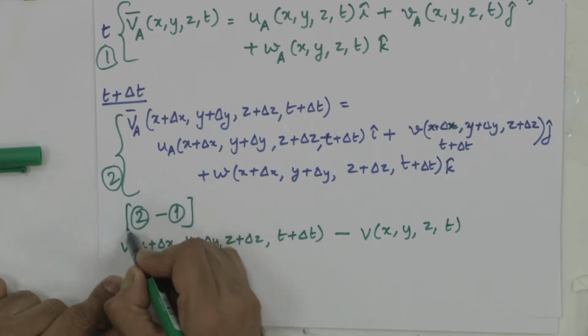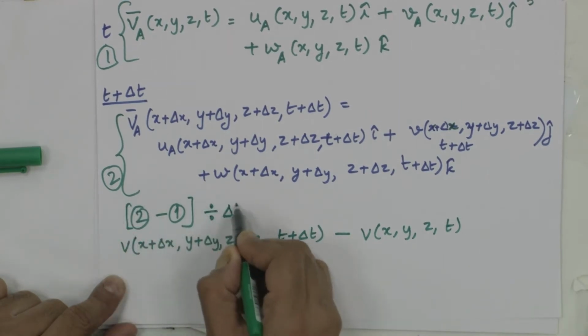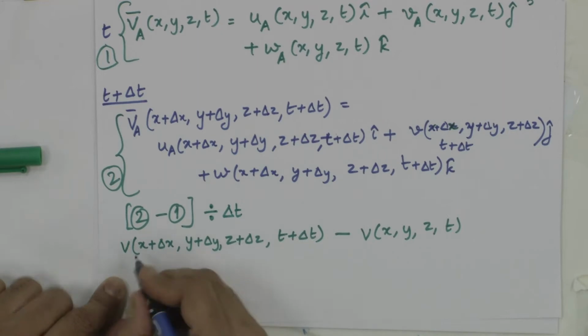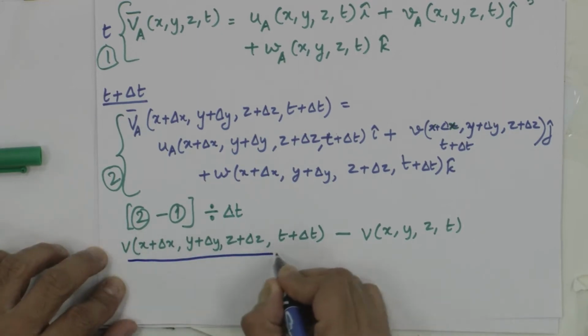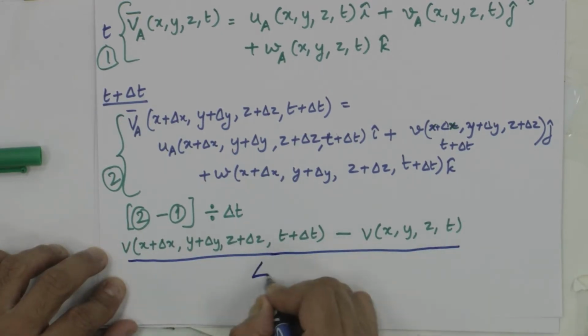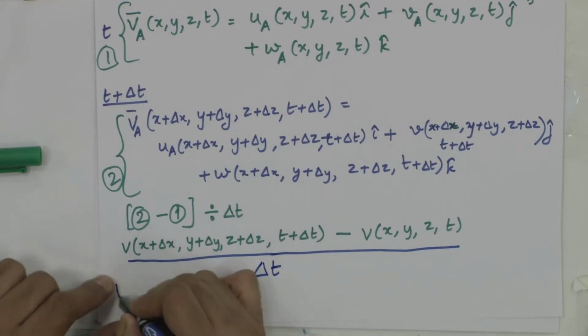This is divided by delta t. I am subtracting the left hand side and the right hand side, and I have to write the right hand side terms. This is the left hand side.